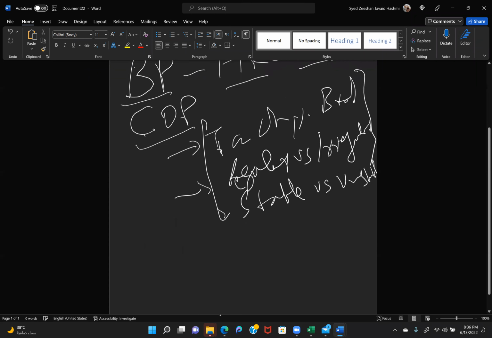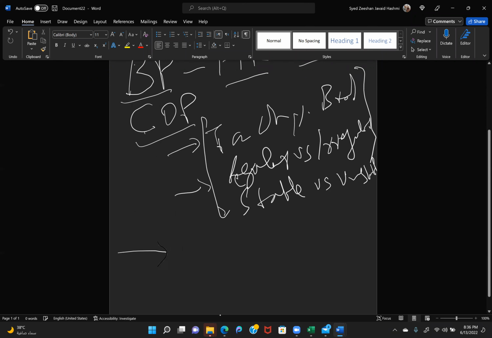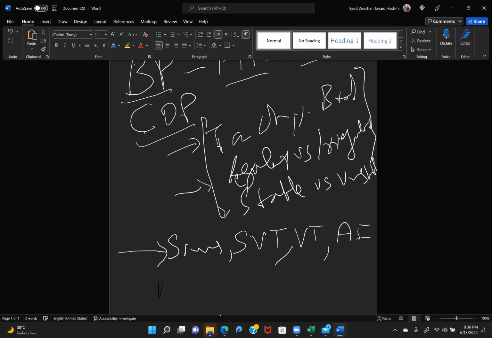So tachycardia may be simple sinus tachycardia, there may be SVT, there may be VT, atrial flutter, atrial fibrillation, ventricular fibrillation. Out of those, sinus will be regular, SVT will be regular, VT will be regular.